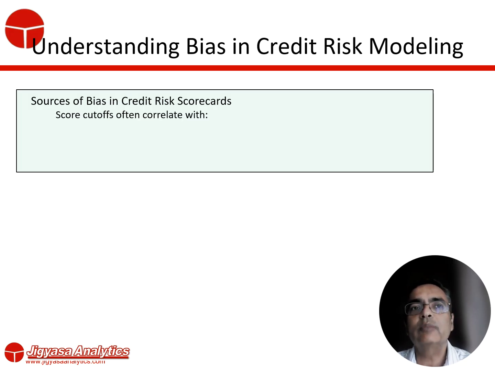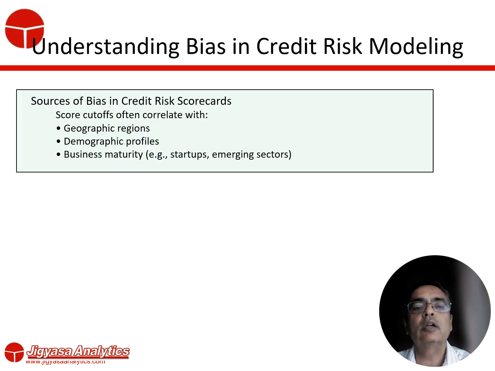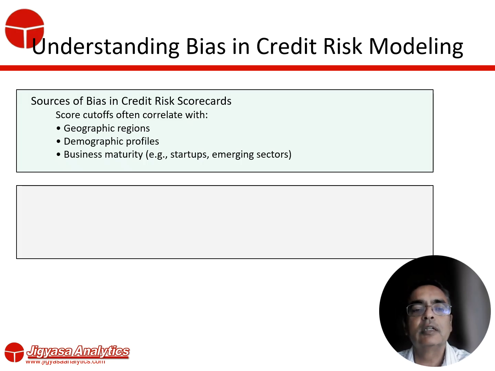And a lot of times, because of those cutoffs, we might see we have, without realizing it, excluded people maybe from certain geographical regions, or with certain demographic profiles, or business maturity, startups, emerging sectors, which have thin credit.